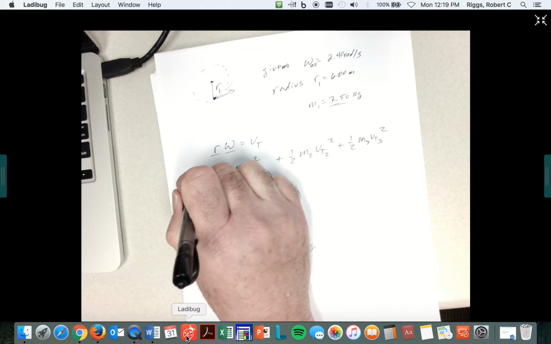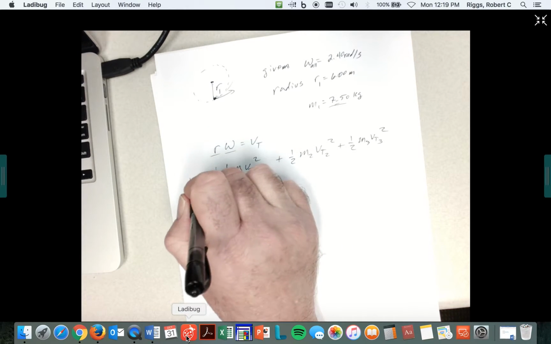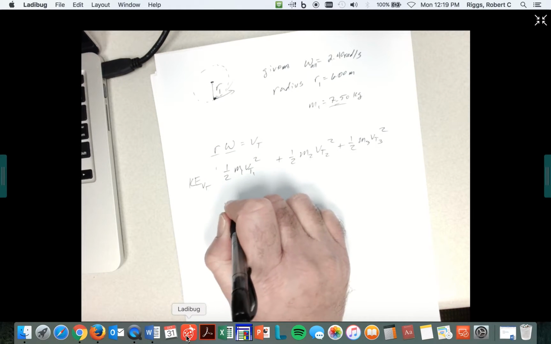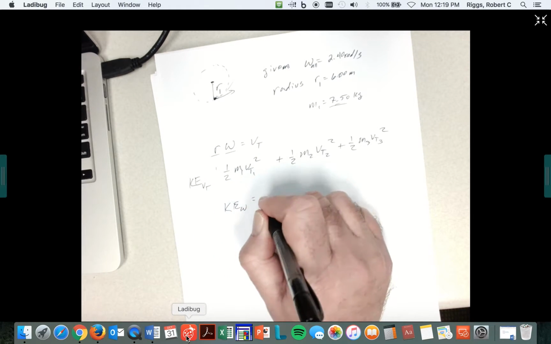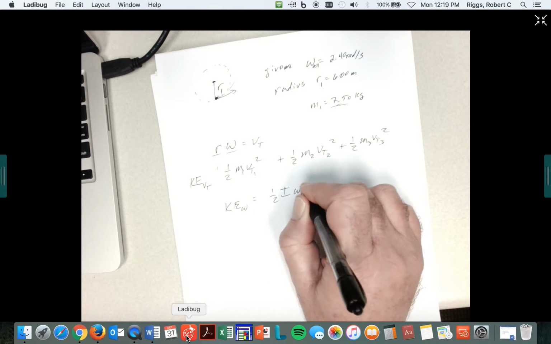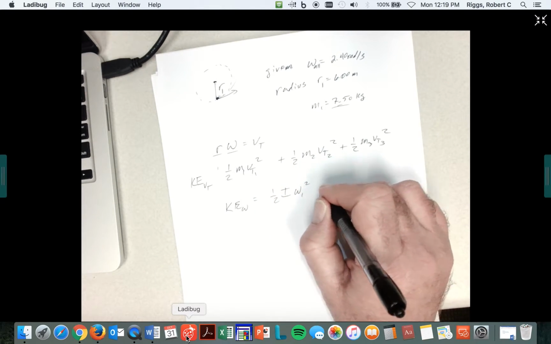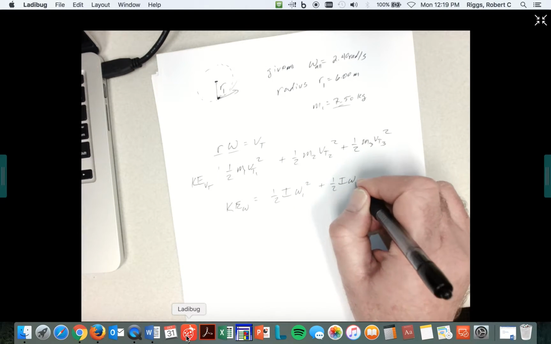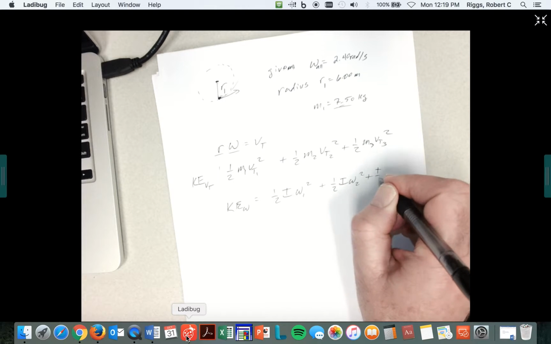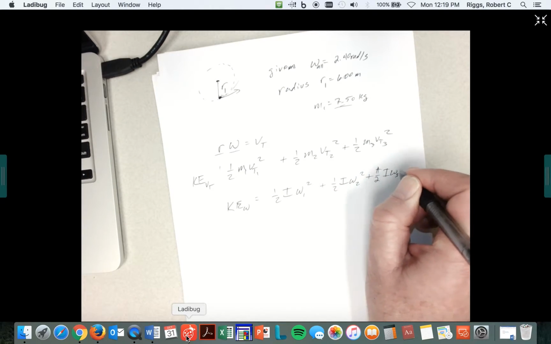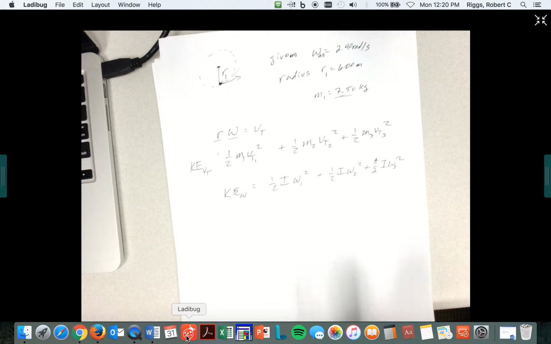This is your kinetic energy based on the tangential. Now, what about the kinetic energy of omega? That's 1/2 I omega 1 squared plus 1/2 I omega 2 squared plus 1/2 I omega 3 squared. Now they didn't tell you what I was.